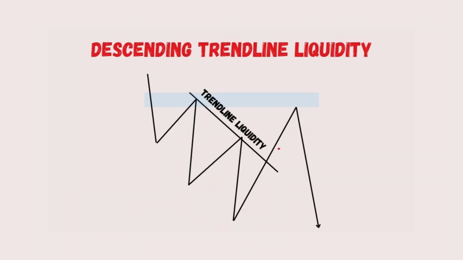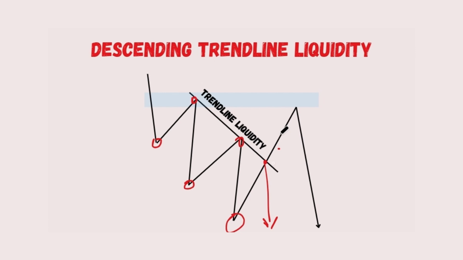Descending trend line liquidity is formed when market is in downtrend. As you can see, the market making a new lower lows as well as a new higher lows. Most retail traders think from this zone the market will reverse, but the market makers have different plan.